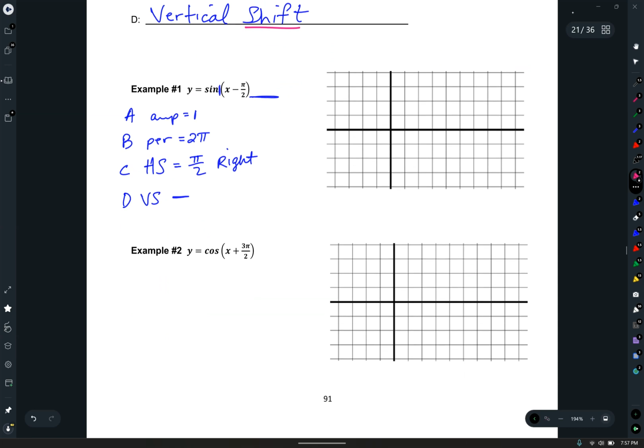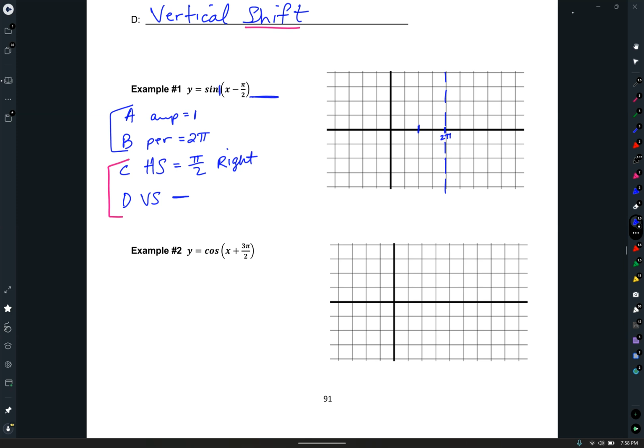So again, we're going to do this in two graphs, and here's the way I would suggest you do it. Put the amplitude and period in the first graph, and then we'll bring in both of these in the second graph. Okay, so we know our period is 2 pi. So there's 1 pi and 2 pi. And even though that was always our standard, since we're in the habit now, I'm just going to mark that off so I know one full section of this graph is going to happen in 2 pi.